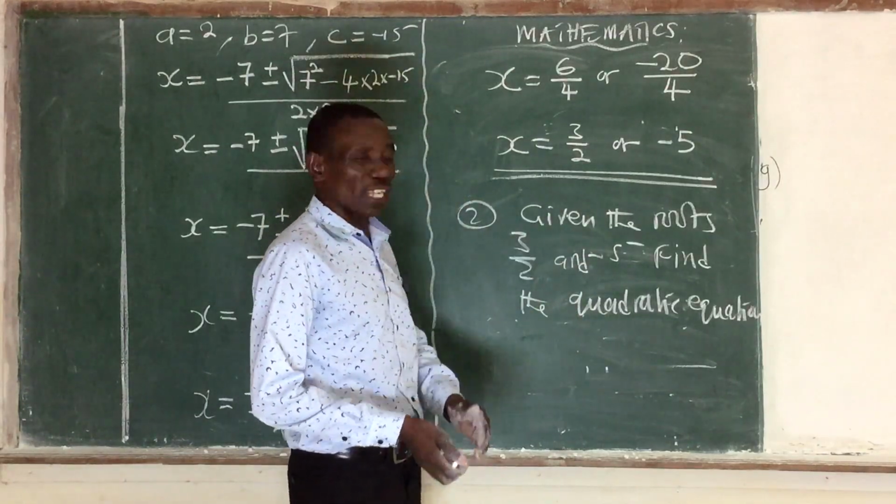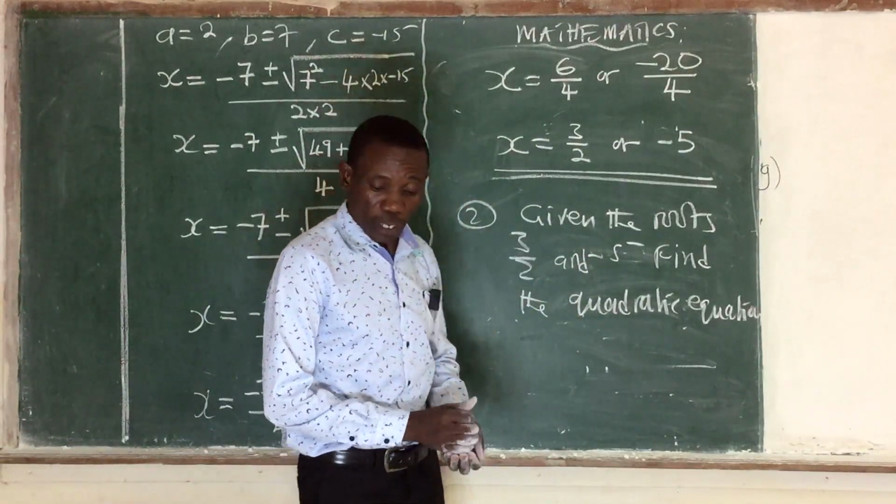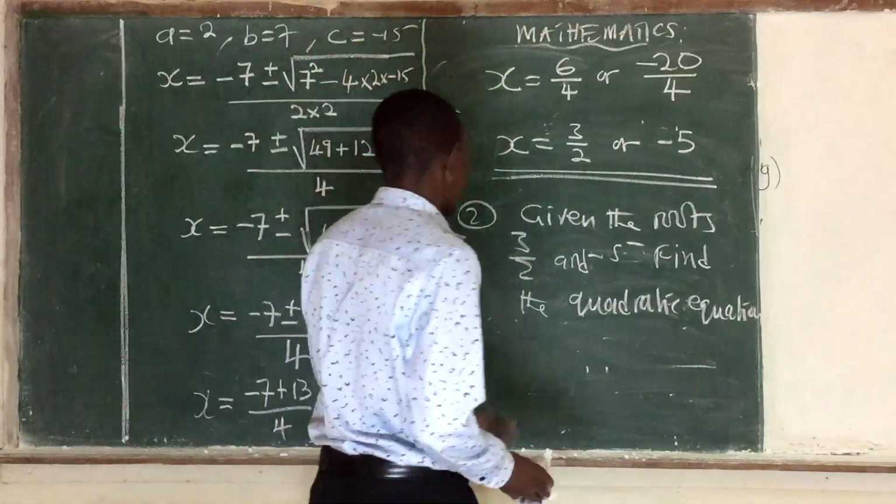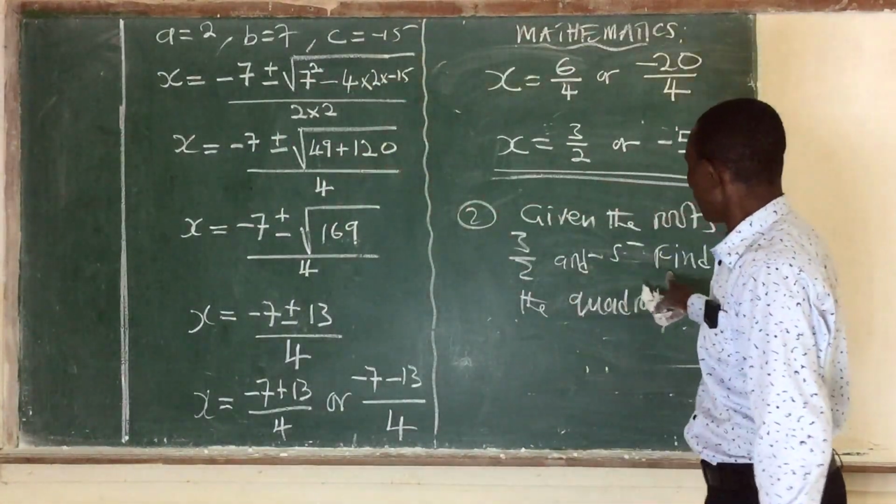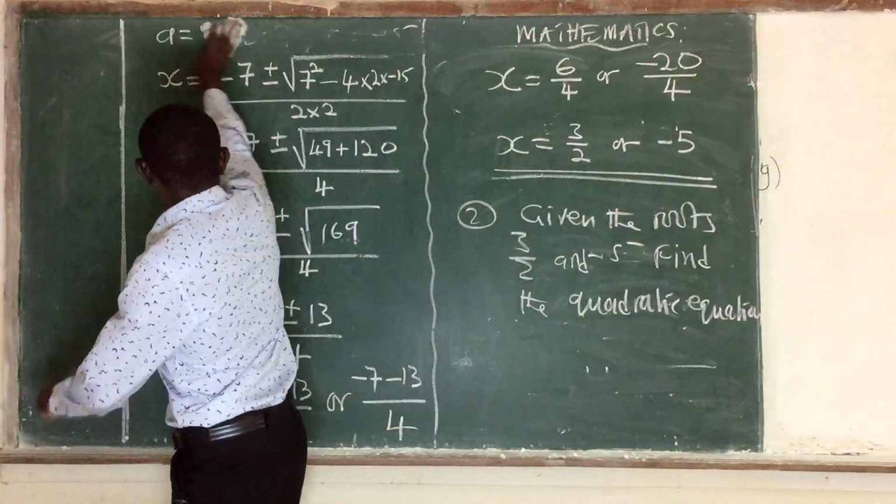You might sometimes have that type of question coming. Right. So what we do in order to come up with the equation whose roots are this and this is simple. This is what we do.